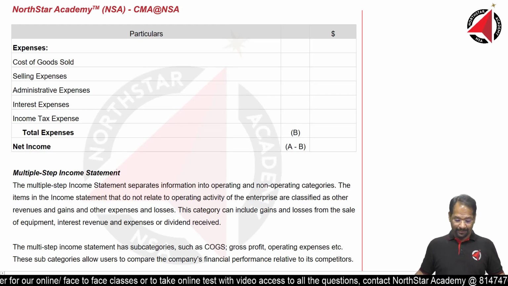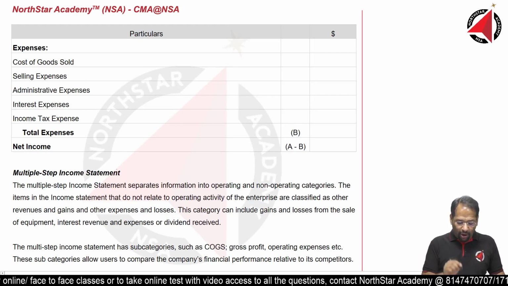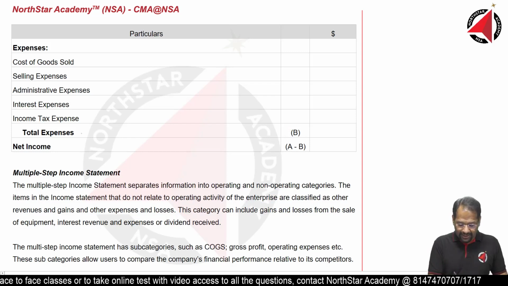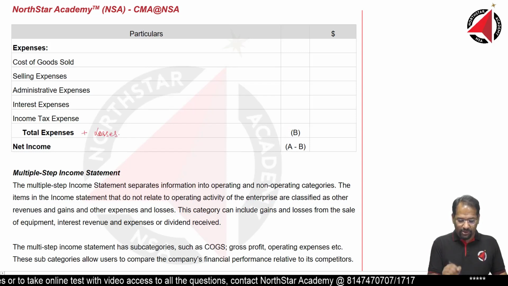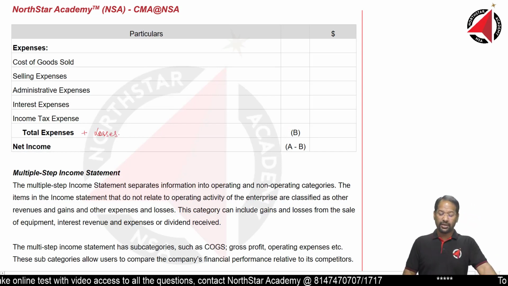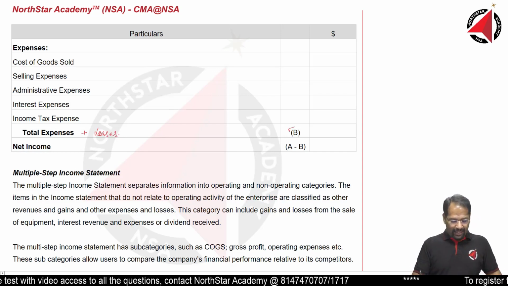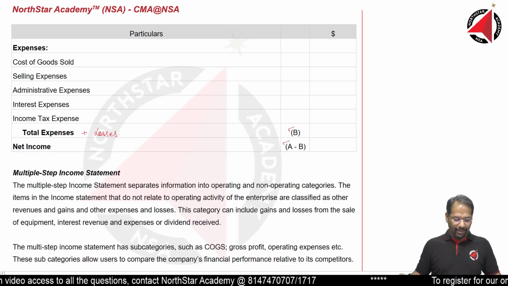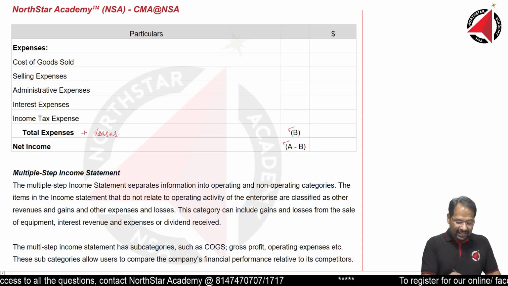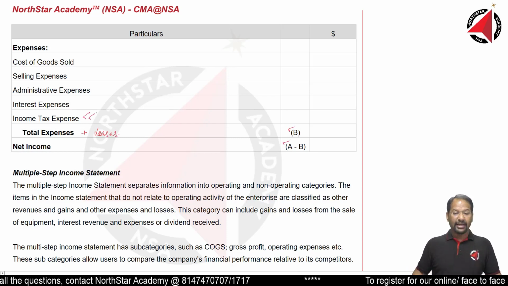How about B? In B, we record all expenses. Remember, here total expenses include losses. Any kind of losses are also included here. That we call B. And we say net income is A minus B. Remember, tax expense is also included in your expenses.